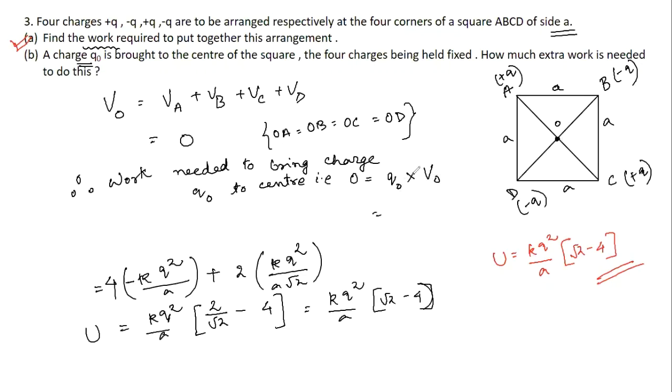But in our question, we have seen that the potential at point O is nothing but 0. So our net extra work done is also how much? 0. Okay. So this is how we calculate the work done when this charge is brought to a certain point.